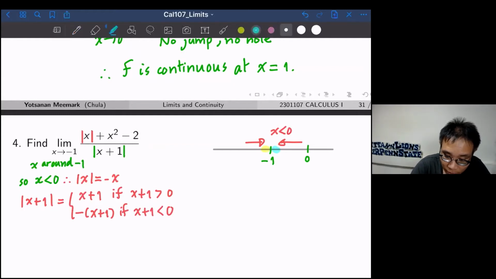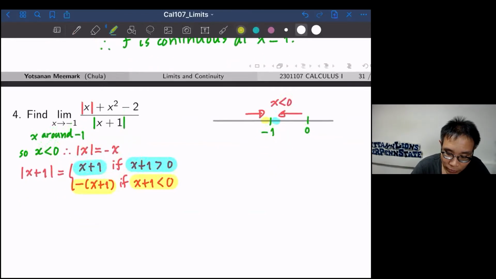So in this case, you are in the yellow area, where x plus 1 is less than 0, and the other case, where x plus 1 is more than 0. So the absolute value is x plus 1 and negative x plus 1 in these two cases.